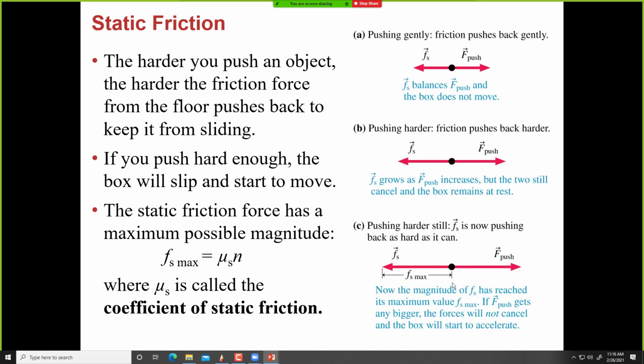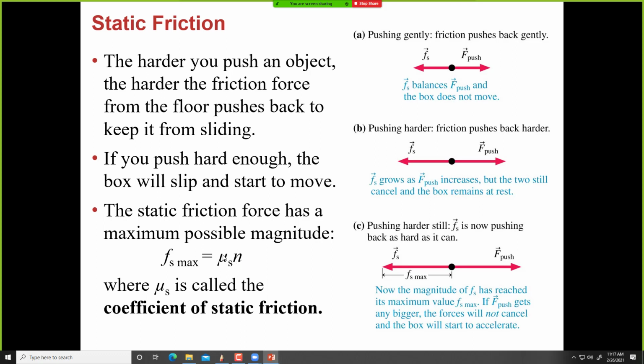Up to a certain maximum friction. So you increase the force, there would be an increase in the friction up to some maximum value. And once it crosses the maximum value, then it cannot withstand your force. Okay? So then the box will slip across the floor. So that maximum friction that the surface can exert on the object is equal to some constant times the normal force.